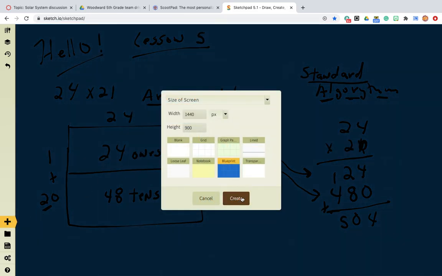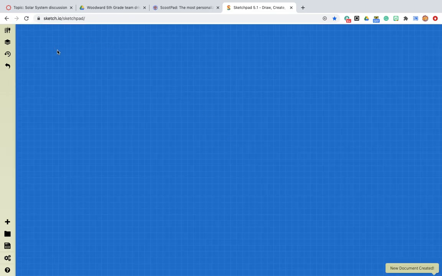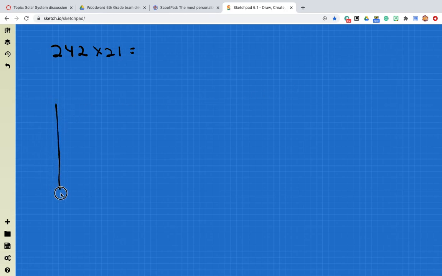Let's say they ask us to do 242 times 21 by area model and by standard algorithm, right? So over here on our area model, we need a rectangle to describe the area of.